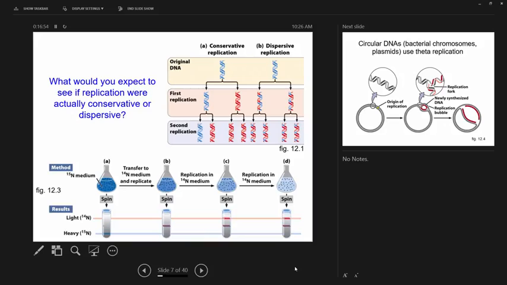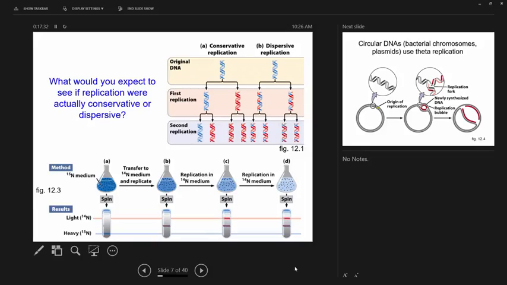If it's dispersive, at the second generation it would all still be one band in the middle, but that band would move a little toward the top because there'd be more light. Each generation, that band would move closer and closer to the top until eventually it would be right at the top band, because all the heavy DNA would dilute out.